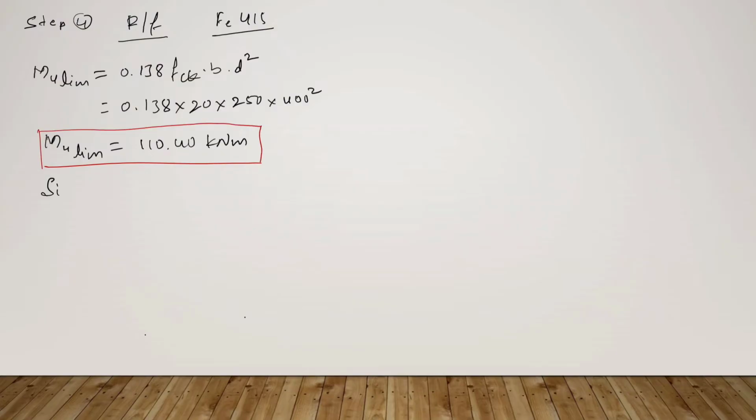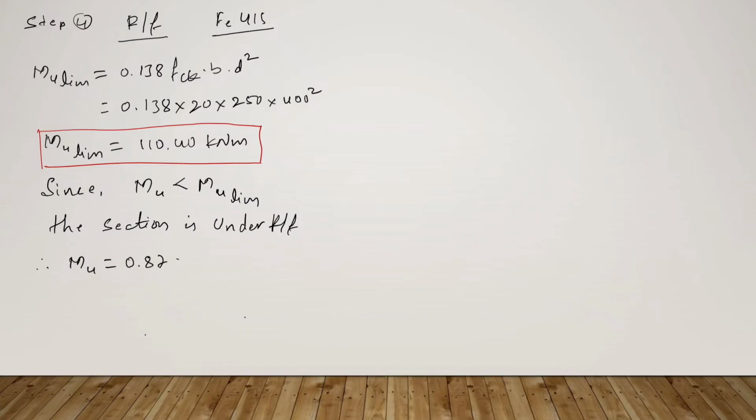Since Mu is less than Mu limit, the section is under reinforced. Therefore, Mu is equal to 0.87 fy Ast d into 1 minus Ast fy divided by b d into fck.